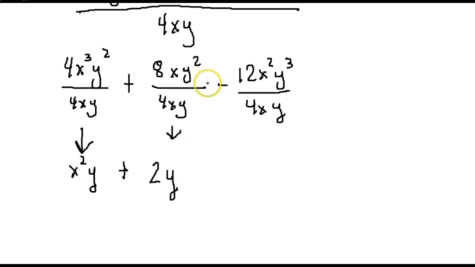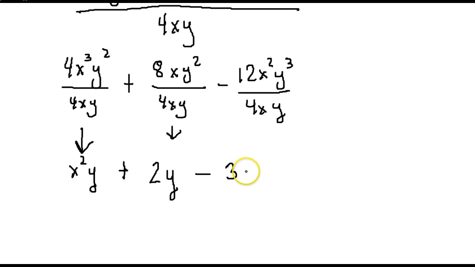Now, our last term we are subtracting. So far, for our simplification, we have x squared y plus 2y. Now we have minus. Now let's look at our coefficients. We have open fraction 12x squared y cubed over 4xy. 12 divided by 4 is 3. Now x squared over x, or x squared divided by x.